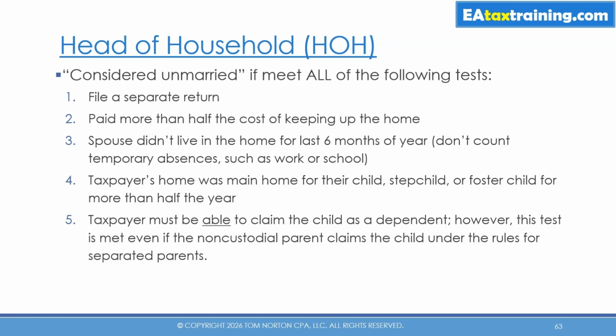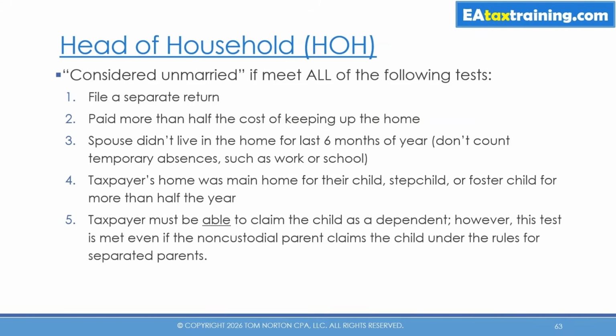It's two different tests. Then the last criteria is that the taxpayer has to be able to claim the child as a dependent. So we're going to talk in a little while about dependents and what it means to be a dependent. So in order to be considered unmarried, not only does the child have to live with you for more than half the year, you also have to be able to claim them as a dependent. Now, that doesn't mean that you actually claimed them as a dependent.